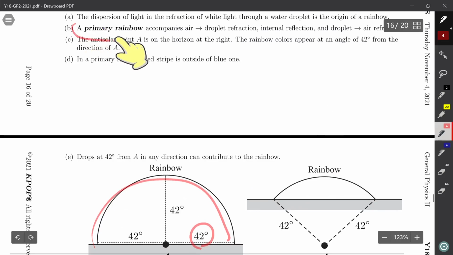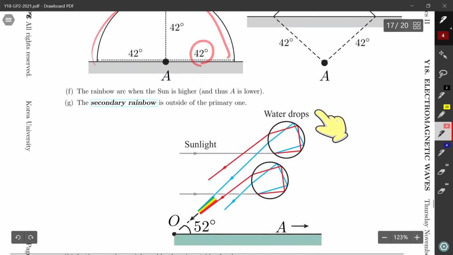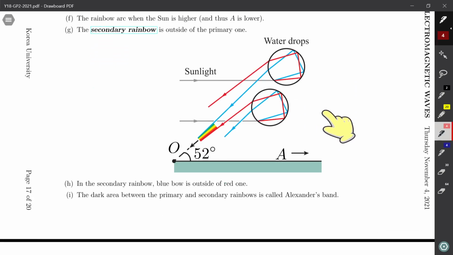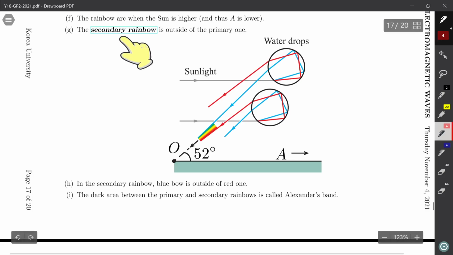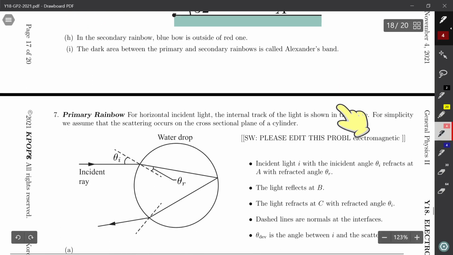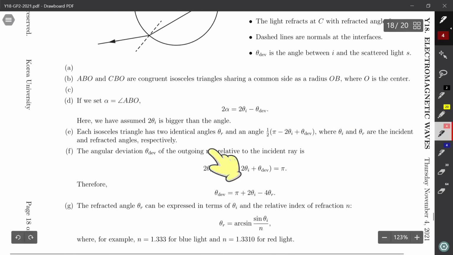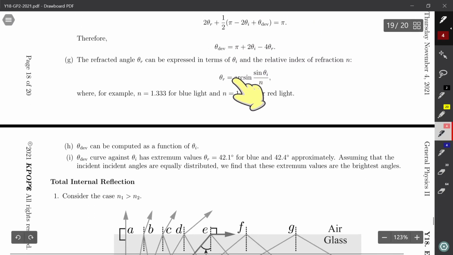This is called the primary rainbow. You will also find the secondary rainbow. Perhaps you might have noticed that the primary rainbow and secondary rainbow are opposite in order. The explicit computation of the primary rainbow angle is given in this page.